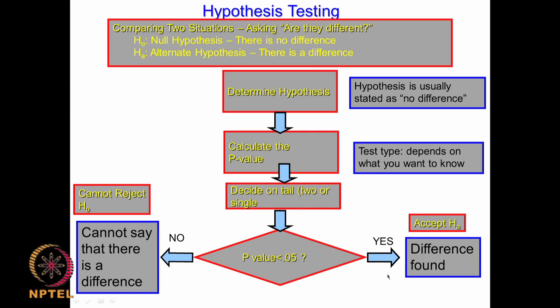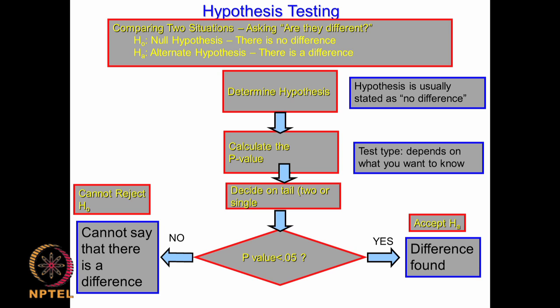Then I say whether the p value I have calculated is less than 0.05 or more. If it is less than 0.05, obviously there is a difference, so I cannot accept the null hypothesis; I have to reject the null hypothesis, that means I have to accept the alternate hypothesis. Now, if the p value is greater than 0.05 for a 95% confidence, there is no reason for me to reject the null hypothesis.